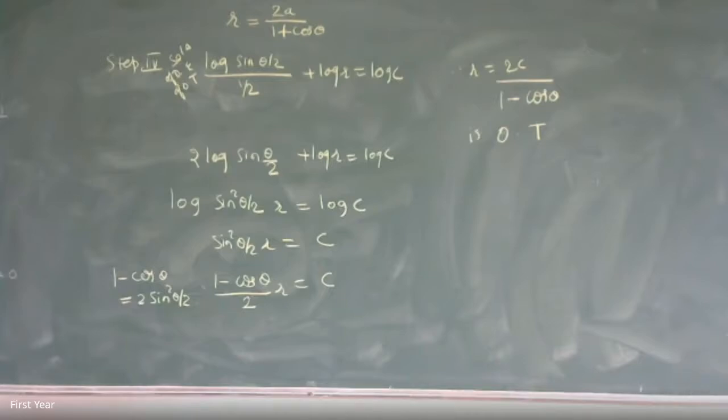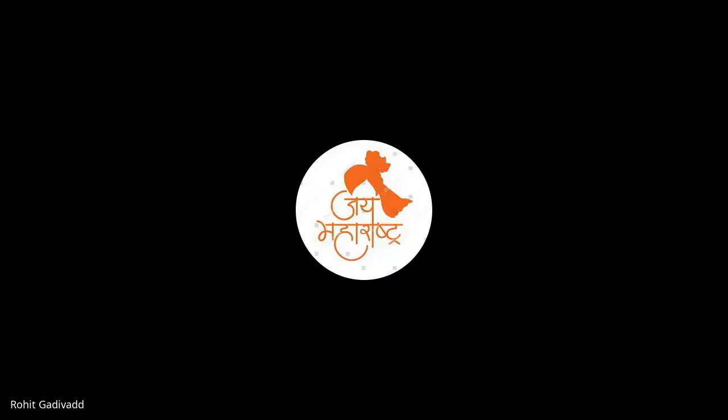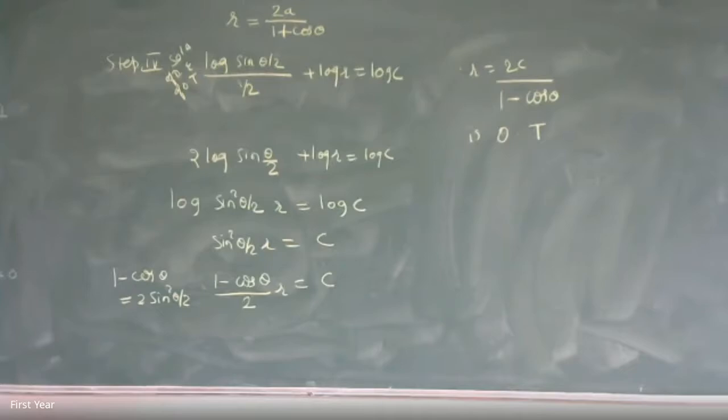Guess it. You need not be absolutely correct, just guess from whatever we have written on the board. r is equal to c into 1 plus cos theta. Absolutely right. That's the answer.